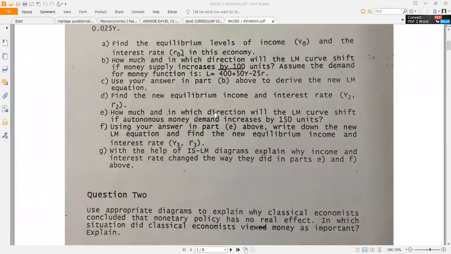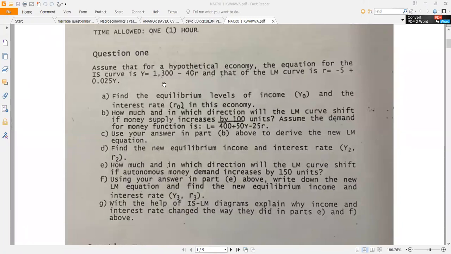So we've just been given the IS and LM equations for this economy, and we are to find the equilibrium level of income and then interest rates. If you look at the two equations, we have two equations, two unknowns.